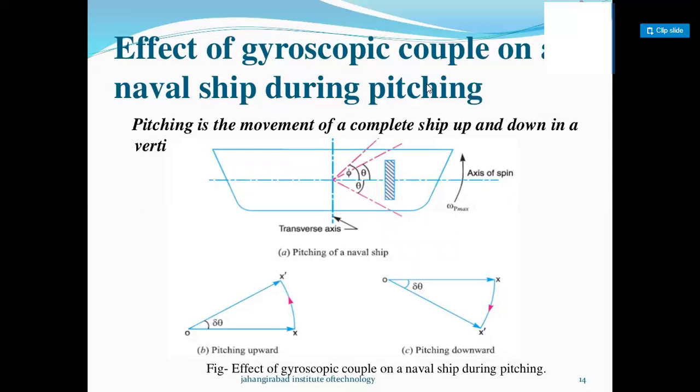Effect of gyroscopic couple on a naval ship during pitching. The pitching motion of the ship generally occurs due to the waves, which can be approximated as sine waves. During pitching, the ship moves up and down from the horizontal position in the vertical plane, right?